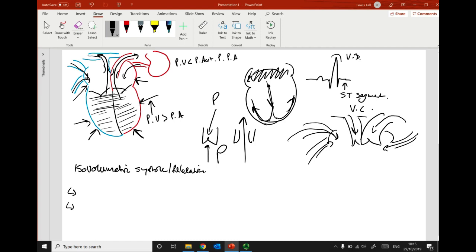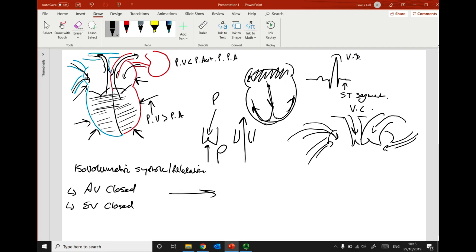Isovolumetric relaxation means nothing is changing in terms of the ventricular volume. Right, okay, so blood is now coming back this way, but these guys haven't yet opened. So in isovolumetric relaxation, the atrioventricular valves are still closed. The semilunar valves are closed. And everything is still low pressure.